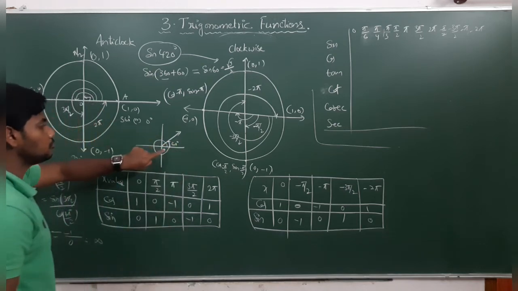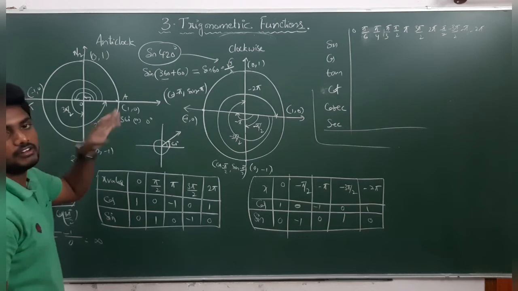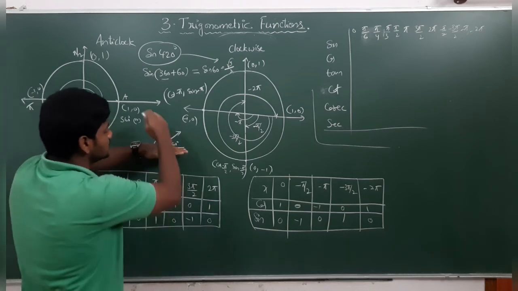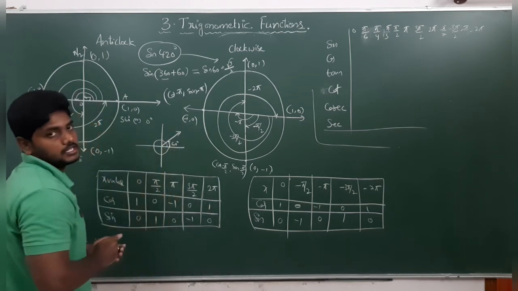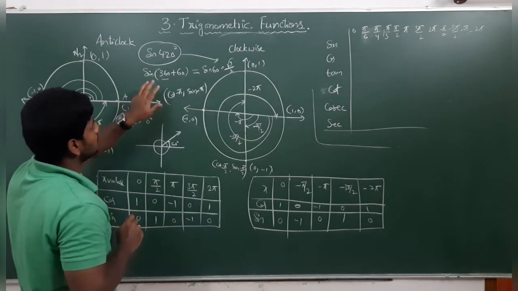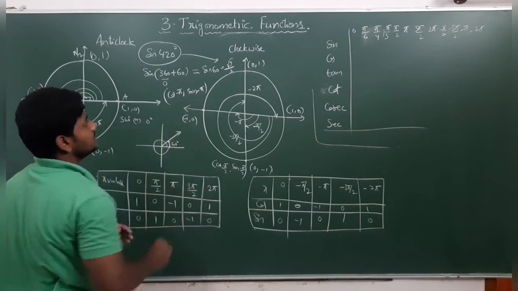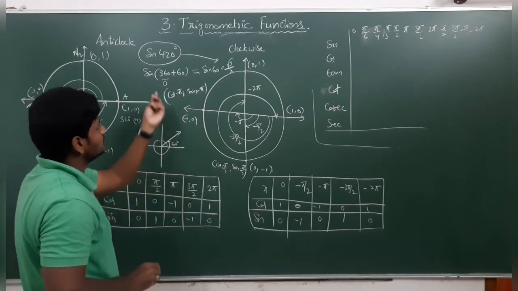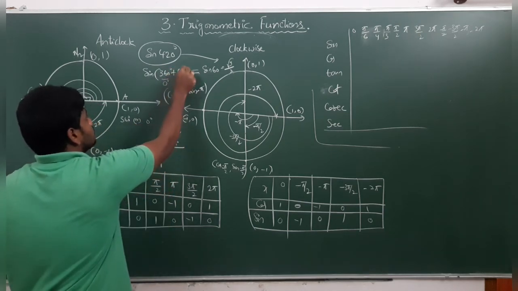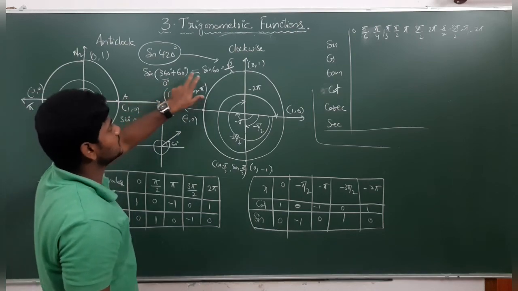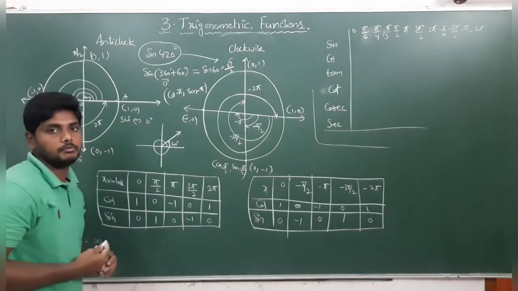So that is 0 to 2 pi, and what we have done, we remove, and freshly we start again from 0 to 60 degrees. So 420 degrees we can write as sine of 360 plus 60, where 360 we consider as 0. Why? Because 360 degrees or 0 degrees are both the same. So we write directly sine 60 degrees, which is equal to root 3 by 2.